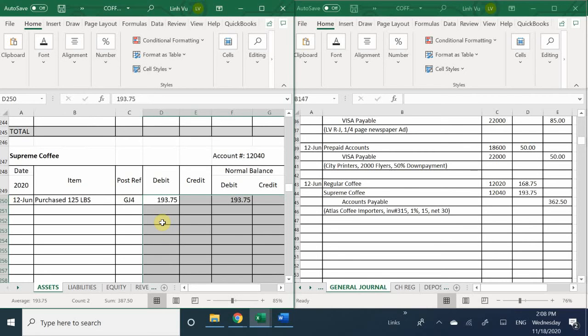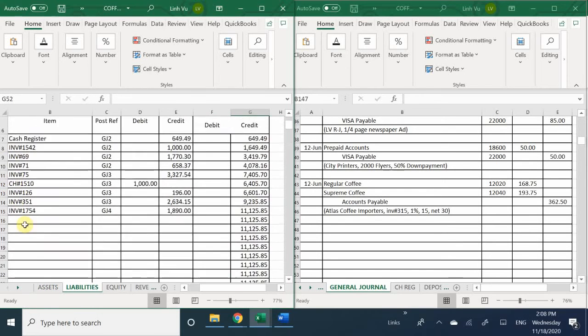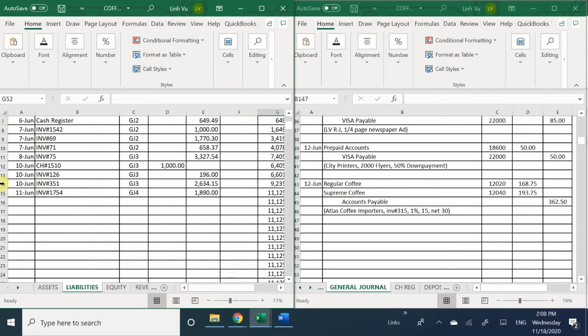All right, good. So I have here 193.75. Last account that I have is going to be my accounts payable. So again, go to my accounts payable, and of course the first account I have here. On June 12th, we have invoice number 315, general journal number 4, and I'm going to have it for the total amount of $362.50.